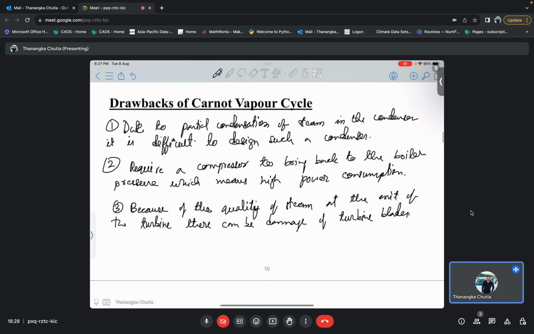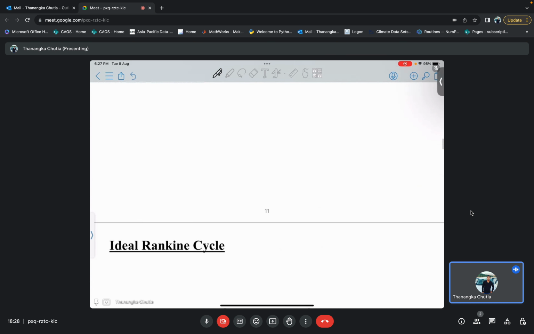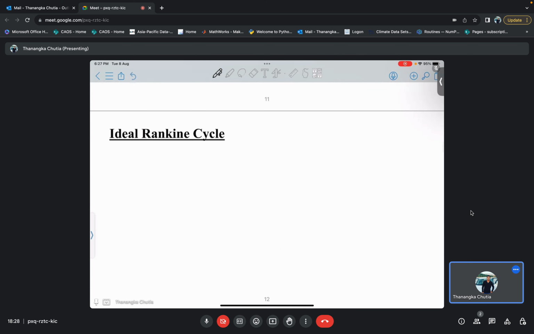Now since these drawbacks are there, we have to introduce the Rankine cycle in order to run our steam power cycle. Once again, let me draw the schematic diagram. There is this turbine here, then from this turbine comes the condenser, and from this condenser, instead of a compressor, we will just put a pump here.